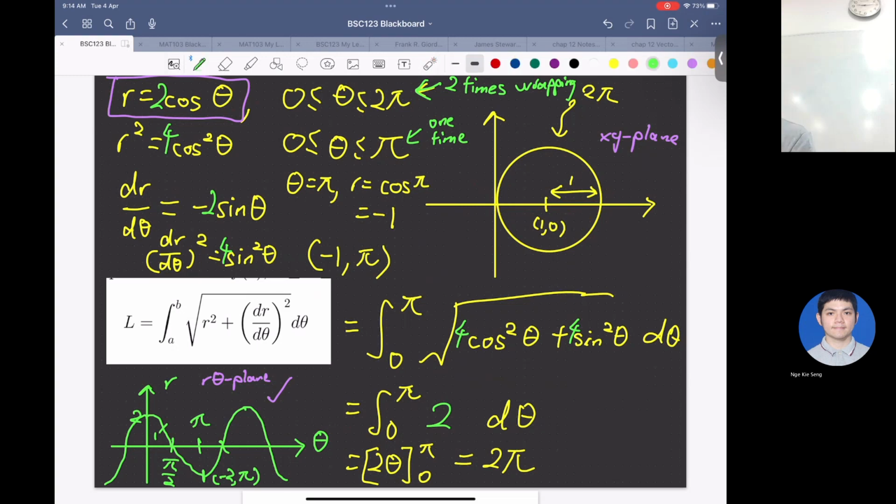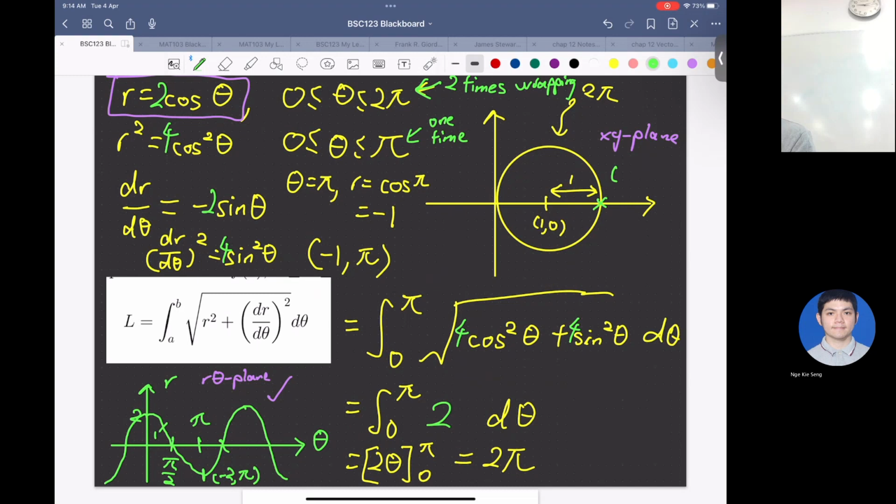So I want to put here. Here is 2, 0, which is also equal to minus 2 pi. Make sense?